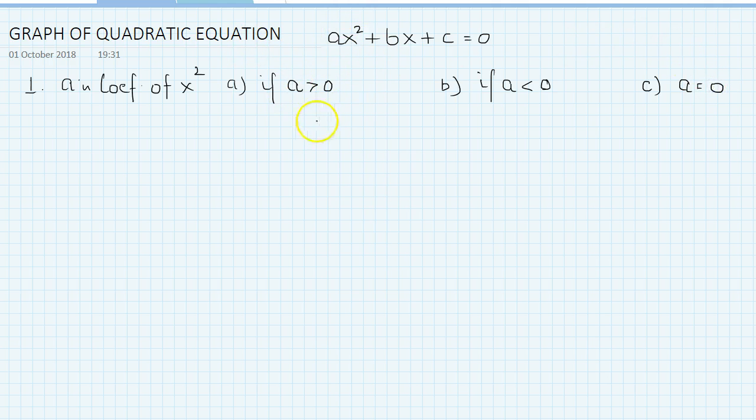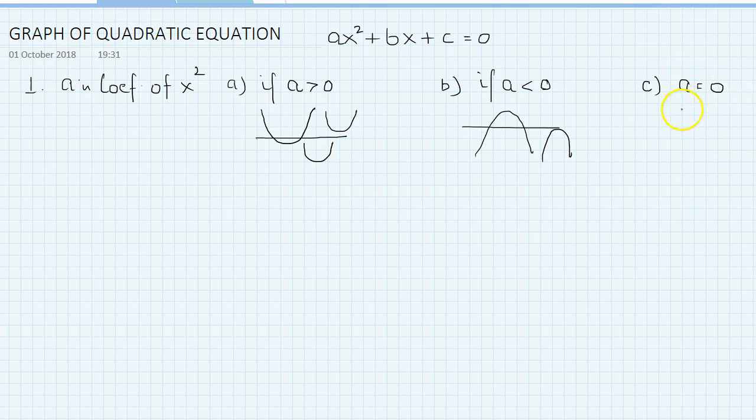If a is greater than 0, then the shape of the graph will be either this or this or this. If a is less than 0, the shape of the graph is inverted, either this or this.